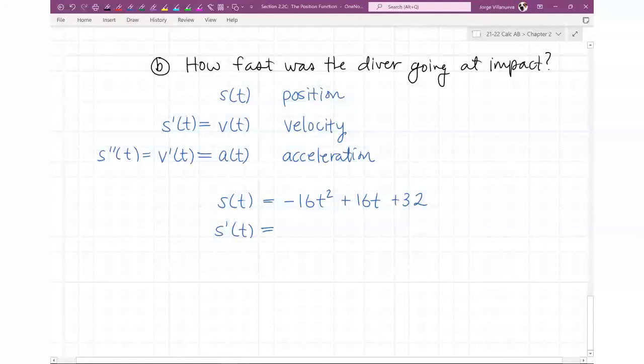Anybody? Brave soul? I'm assuming you guys got this. A lot of you got it. So negative 32t, right? Now, what's the derivative of 16t?